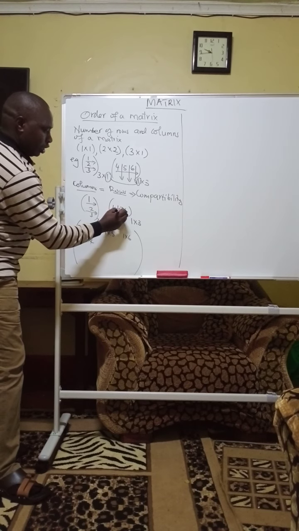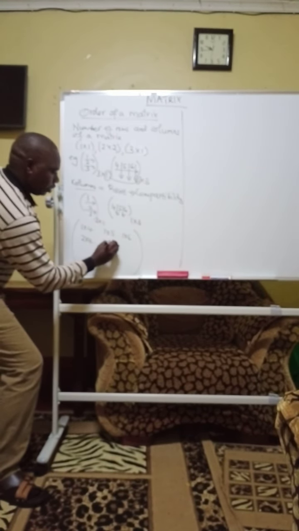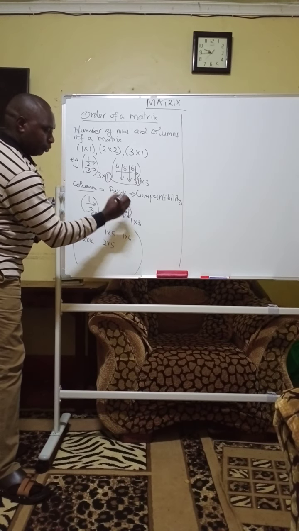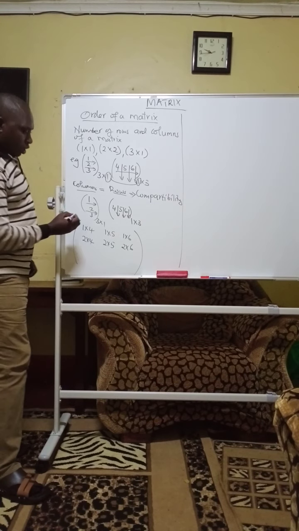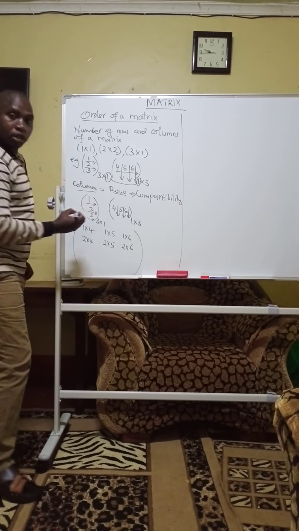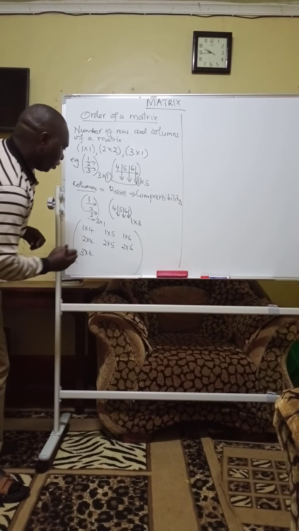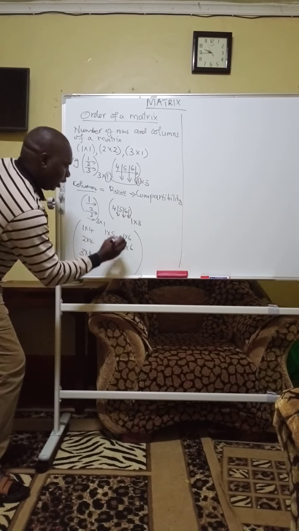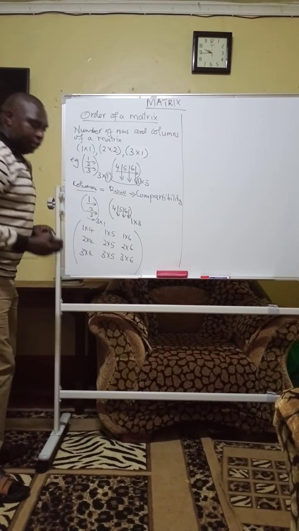Then 2 multiplied by the second column, which is actually 5. 2 multiplied by 5. And then 2 multiplied by the third column, which is 6. 2 multiplied by 6. We now come to the third row of the first matrix and multiply it by the first column of the second matrix, which is 3 multiplied by 4. And then 3 multiplied by 5. And lastly, 3 multiplied by 6.